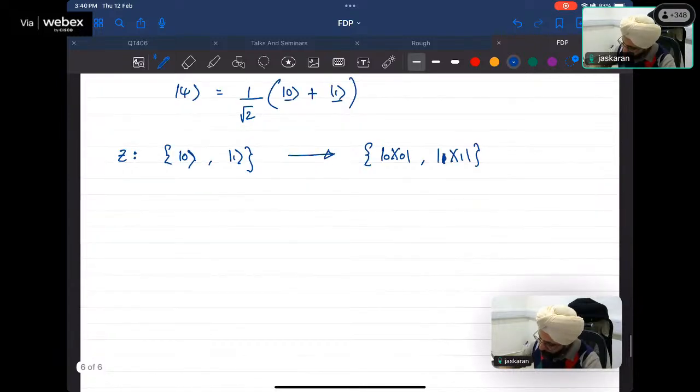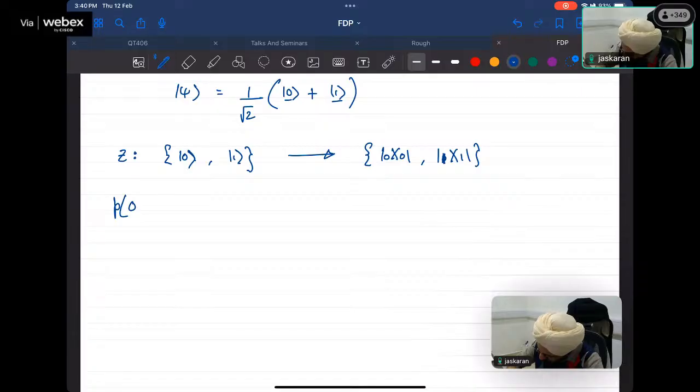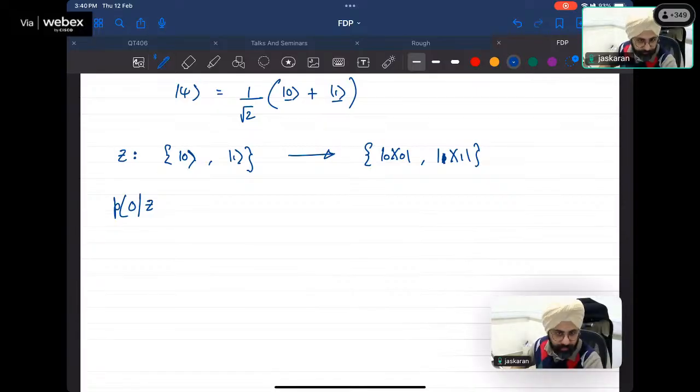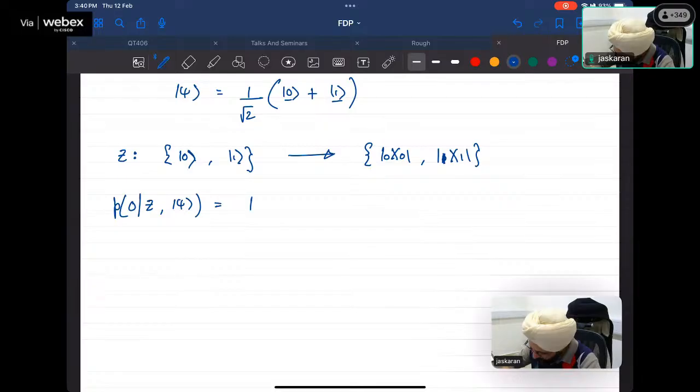Once I have taken the projections, what I need to do is find out the probability of getting the outcome 0, conditioned on the fact that I chose the setting as z and the input state was ket psi. So as you can use Born's rule, this is 0 0 sandwiched with psi psi.